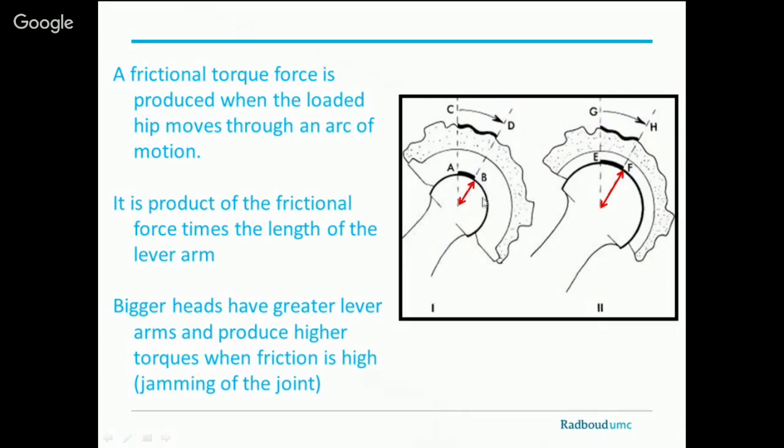And what we see now, every now and then, is loosening of cups, especially with big balls. If you have a not very well articulating metal-on-metal cup, it's loosening at the cement-bone interface because of the big forces.